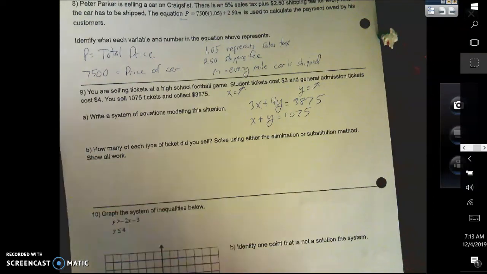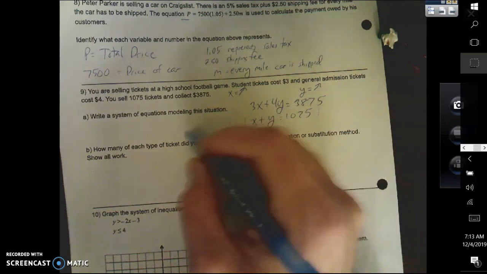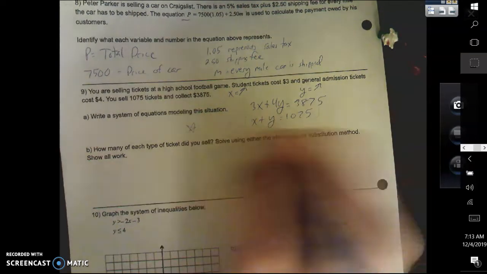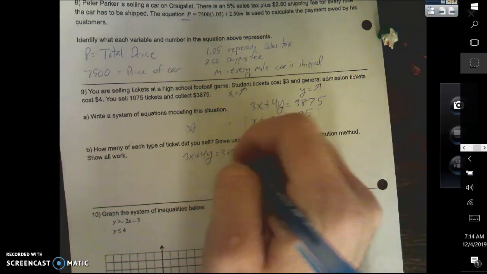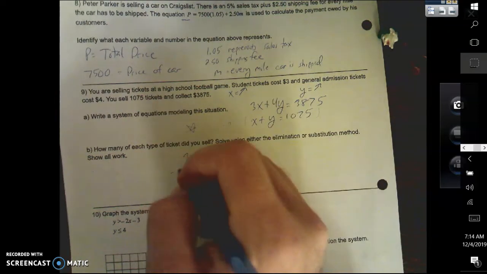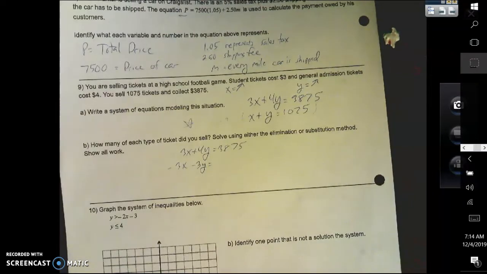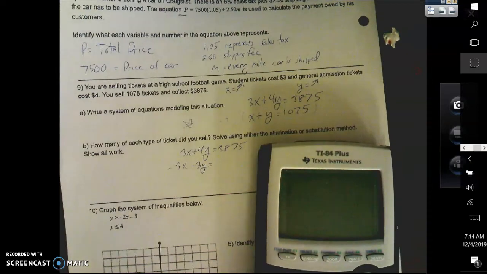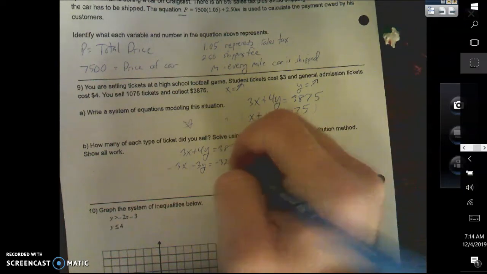Solve it by using elimination. I'm going to multiply the bottom equation by -3. So that's your first part, by the way. Sorry, I'm jumping ahead. The second part, we have to solve it. So 3x plus 4y equals 3,875. I multiply the bottom equation by -3 and get -3x minus 3y equals 1,075 times -3, which is -3,225.